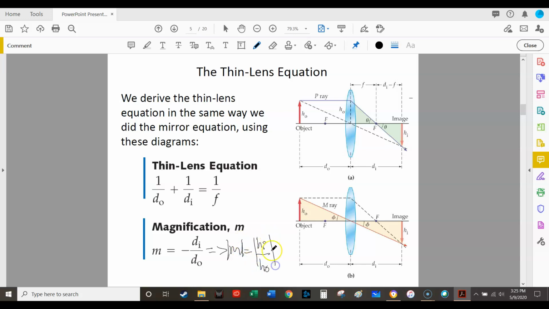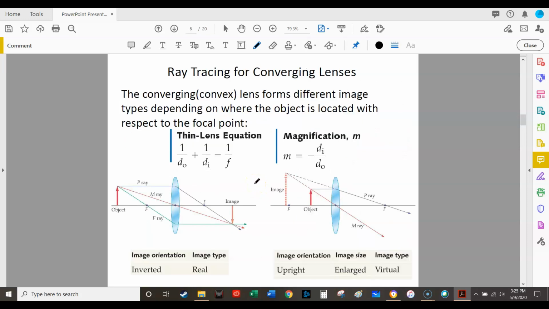So you have to draw to determine that it's inverted if you're comparing the heights. But the lens equation and the magnification equation work for both lenses and mirrors. This is called the thin lens equation. All right, let's take a look at the different drawings.